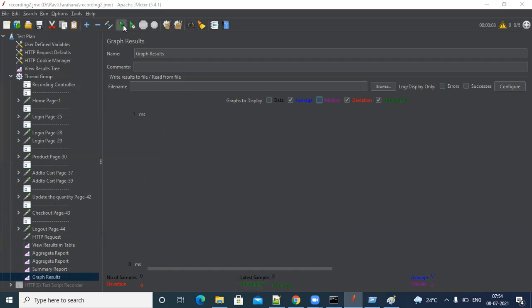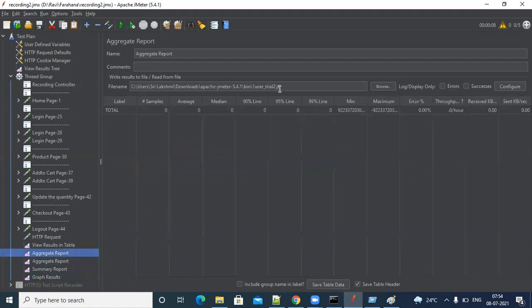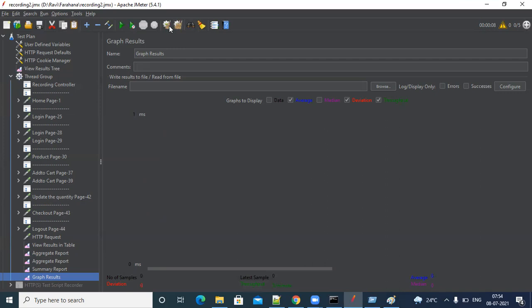Average and deviation. And if you observe this throughput, it's one user, that's why it's showing wrong, slow data.